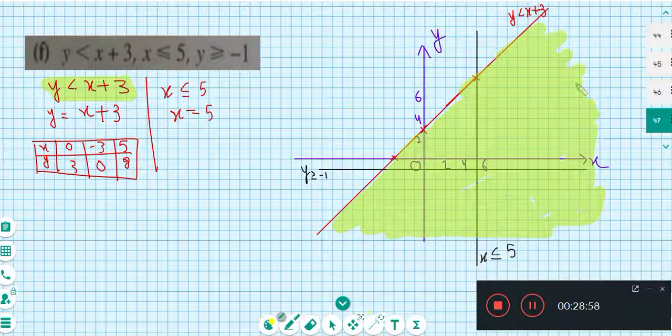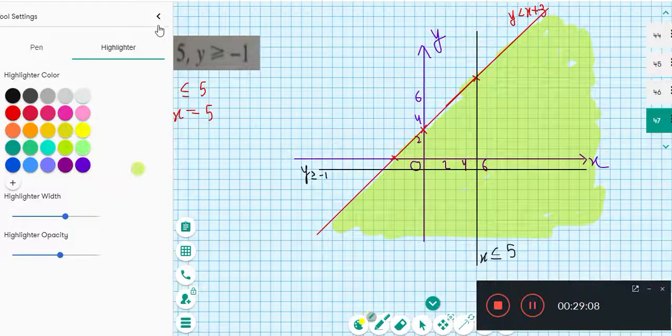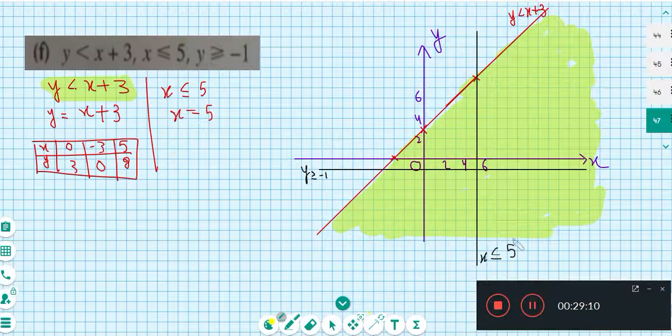And what about this? This is x plus y equal to 4, or it can also be written as y equal to minus x plus 4. As you can see, the region is below this line, so it must be written as y less than or equal to negative x plus 4.